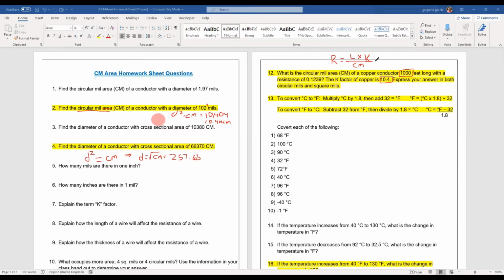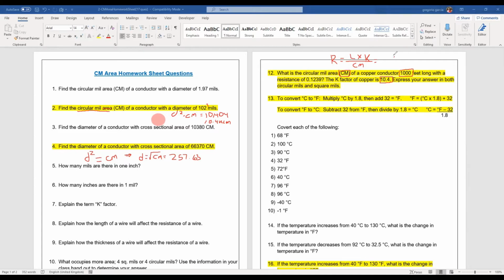If we have this formula, then we have the following values. We have the value for R, it was given to you here. It says that this 1,000 feet long copper conductor has a resistance equal to 0.1239 ohms. And the K factor is going to be 10.4 because we have copper and it's 1,000 feet long. So we are going to transpose the formula in order to find the circular mil area of this conductor.